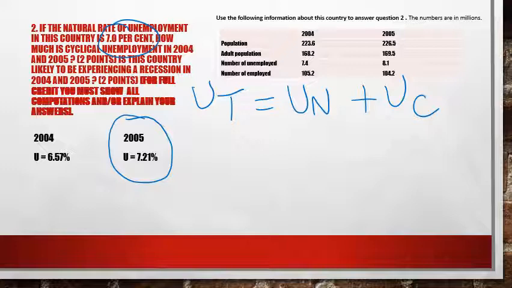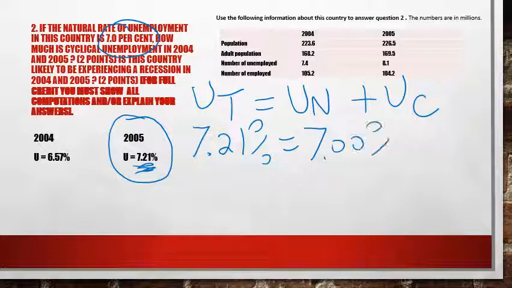What is our calculation for the total unemployment rate? 7.21%. What is the natural rate of unemployment? That's given to us as 7%. And once again, we're trying to calculate the cyclical unemployment rate, and that's what's going to tell us whether our economy is undergoing a recession.